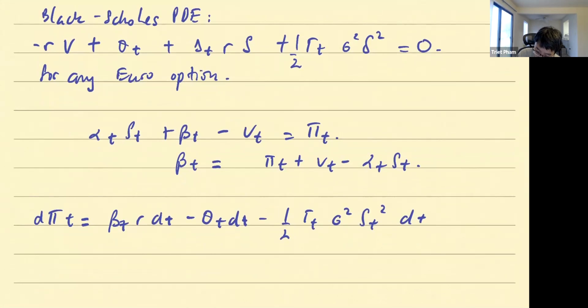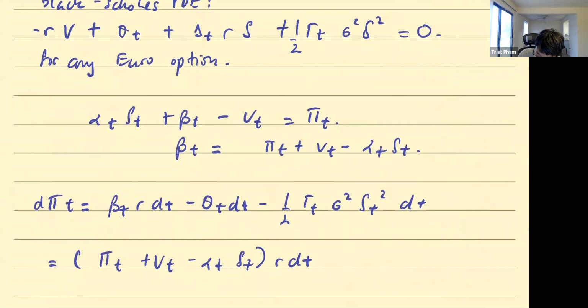And so now we plug the beta into here, which is pi t plus vt minus alpha t st, r dt. By the way, what's alpha? Alpha is delta. So let me do that again.